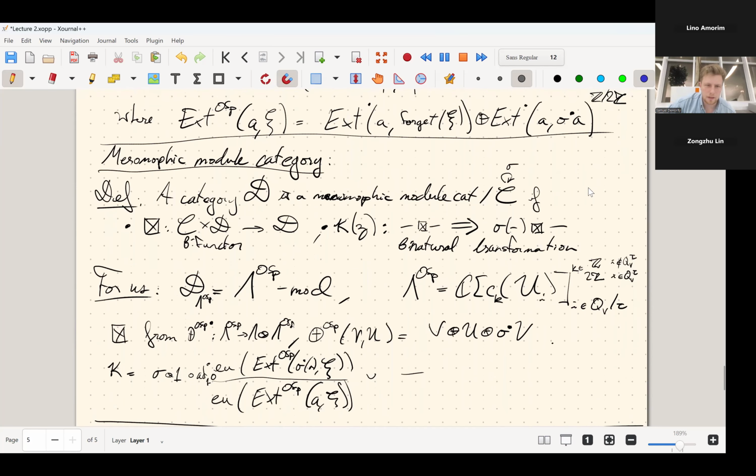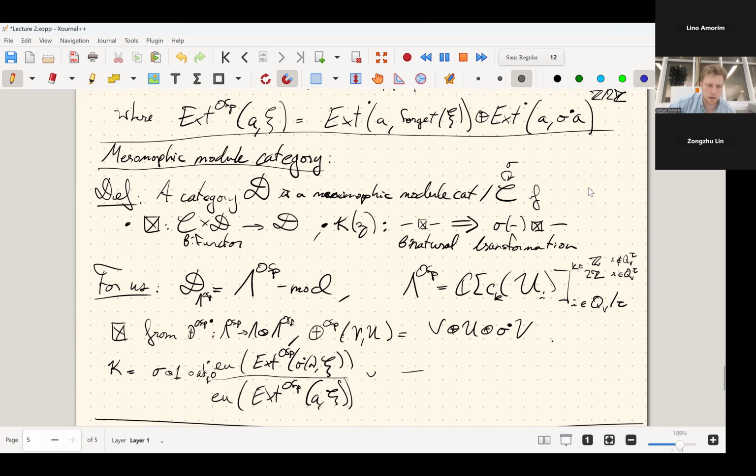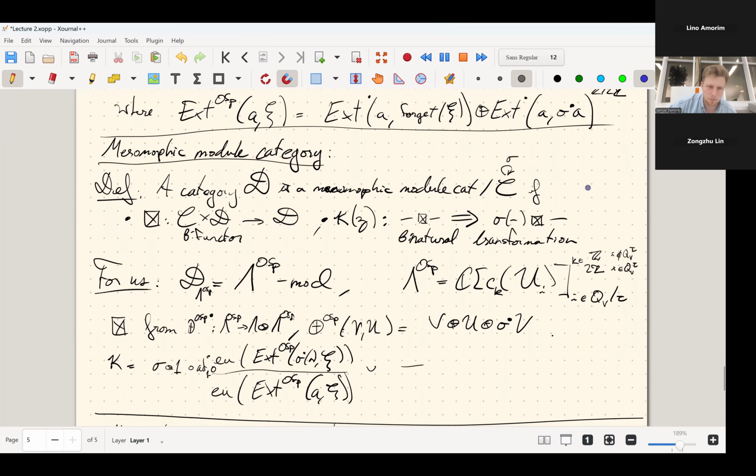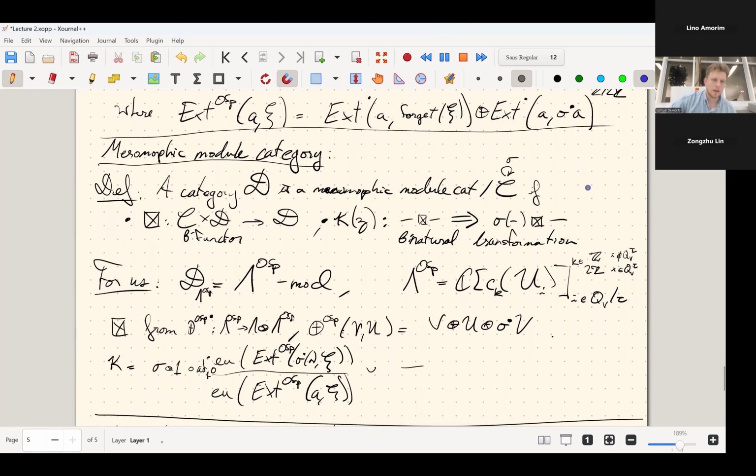And it's a module category if we have a certain bifunctor from C times D to D, and a natural transformation from that bifunctor to this other bifunctor where we've modified one of the terms by the involution of the underlying category.